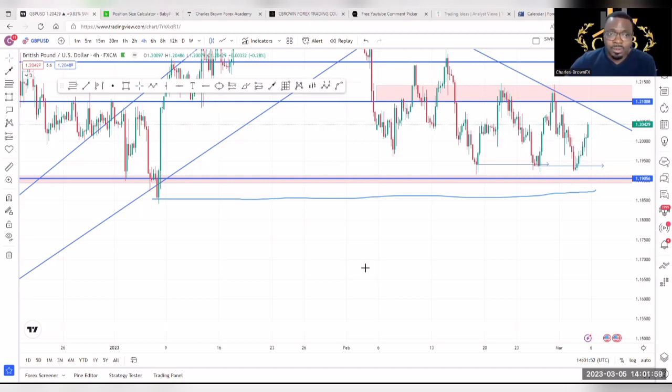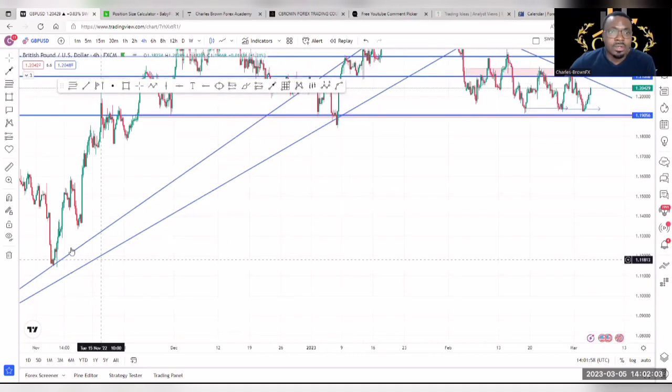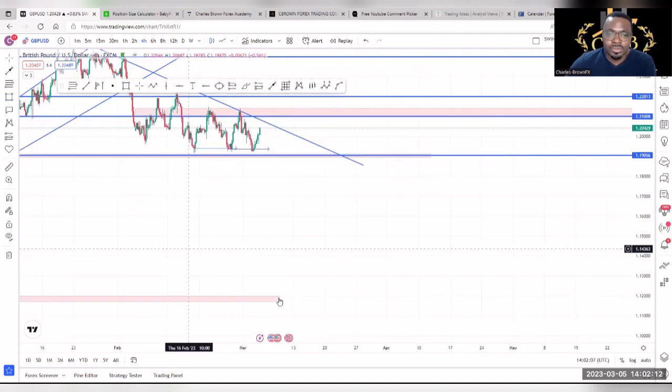That means there is going to be a massive drop to this low. So we should be expecting that massive drop to 1.1200 before any major push up.